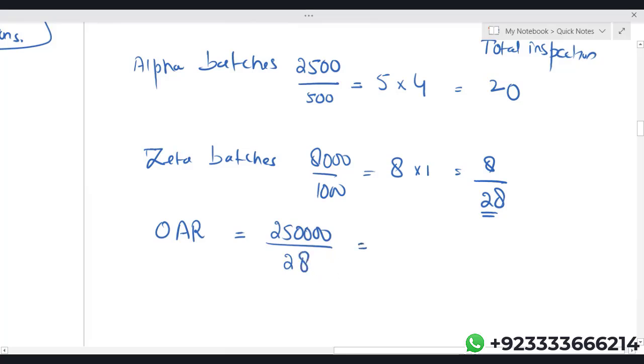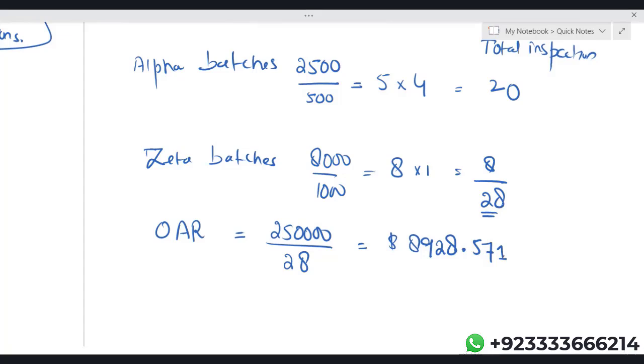Let me use the calculator. I'm getting 8,928.571429. So many values. So just take 8,928.57. I'm going till 3 decimal places. That is good enough.